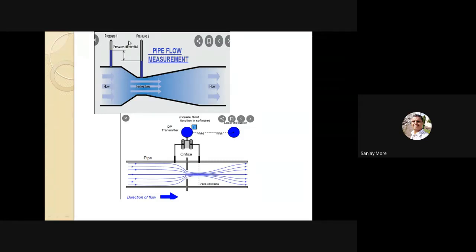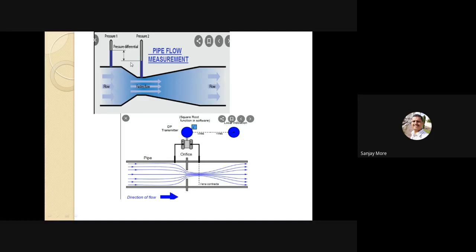Here one pressure meter is used, and here another one. You measure the pressure here and then here, and this difference is the differential pressure. Say this is 100 psi and this is 60 psi. So 100 minus 60, the difference is 40 psi. This is one diagram and this is the second diagram.